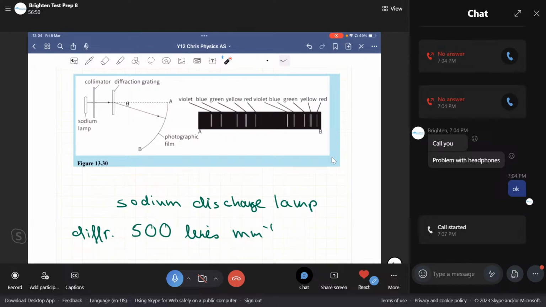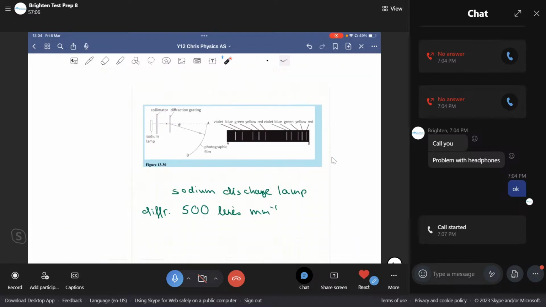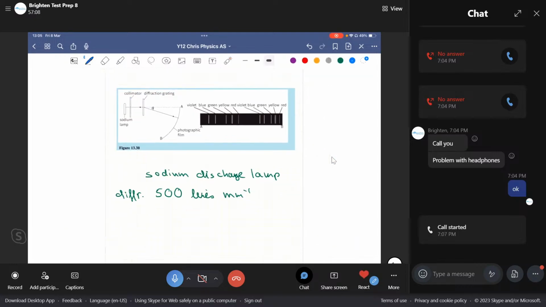And of course, the third question is the green maximum near end A is at an angle of 19.5. Let's jot that down. At point A, green, theta is 19.5 degrees. Now, what is the wavelength of that green wave?